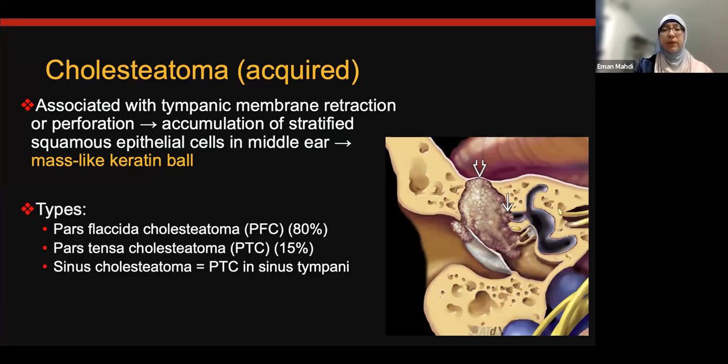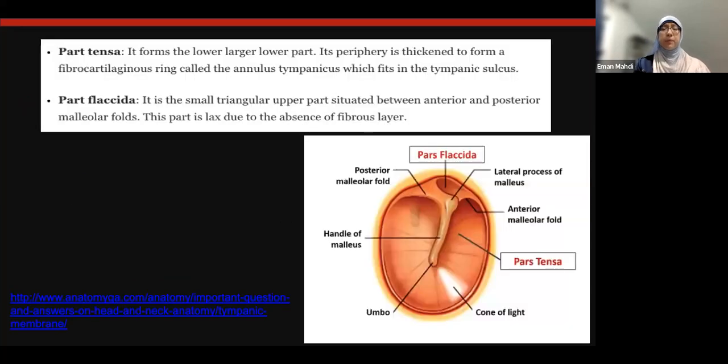There are three types: the pars flaccida, around 80%, the pars tensa, 15%, and then the sinus tympani. Remember we talked about the sinus tympani structure that you need to check, because there's a possibility for cholesteatoma to happen there. It's a small percentage, but still important to check.